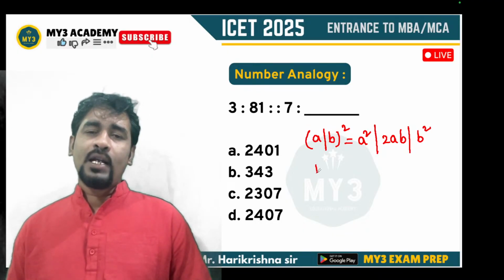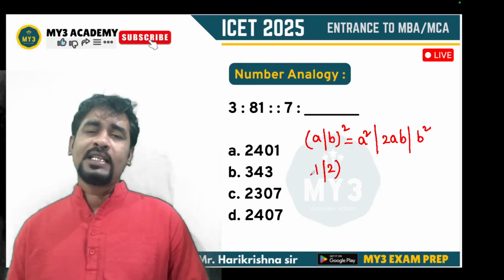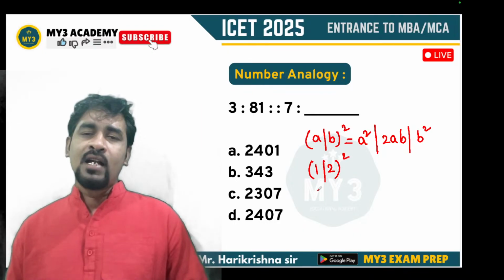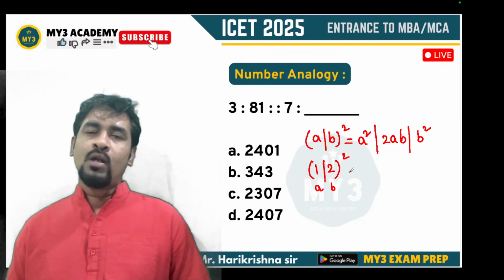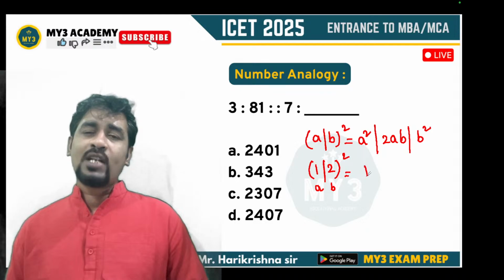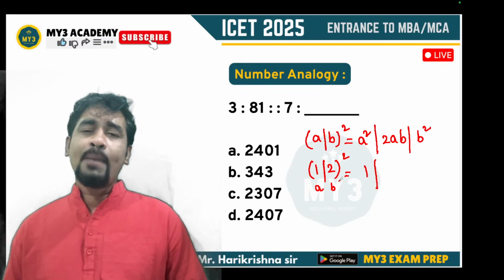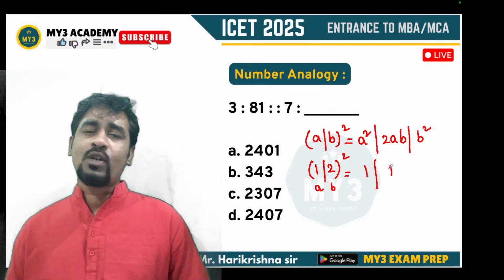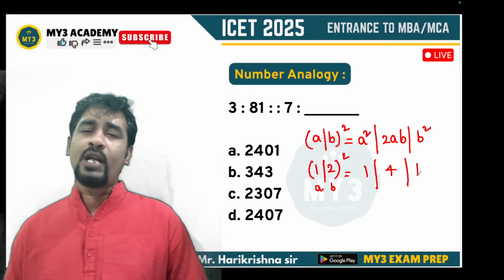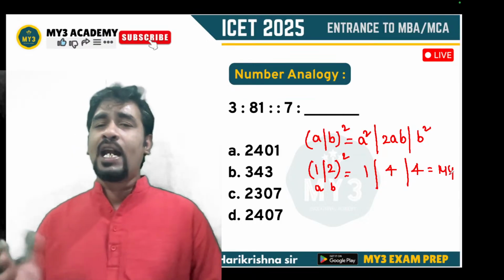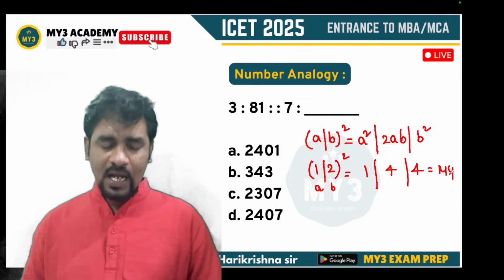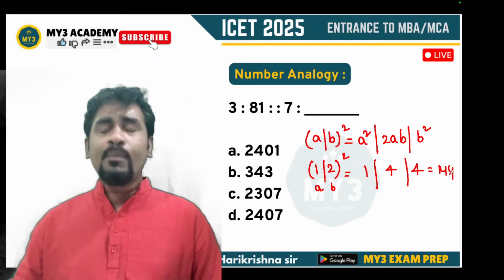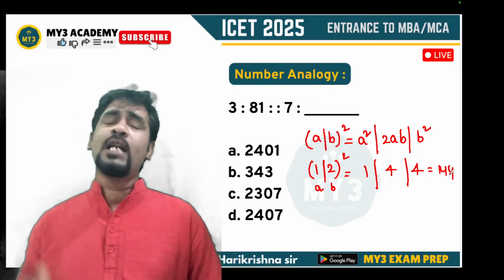So for 12 square, you split the value as a and b: a is 1, b is 2. A square means 1 square, which is 1. 2ab means 2 times 1 into 2, which is 4. B square is 2 square, which is 4. Directly you can mark the answer choice, which is 144. In a similar way, you can find the square of any number.